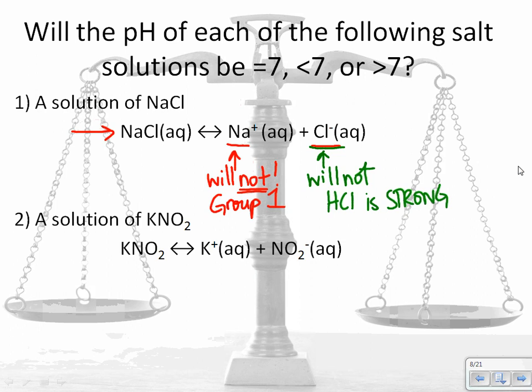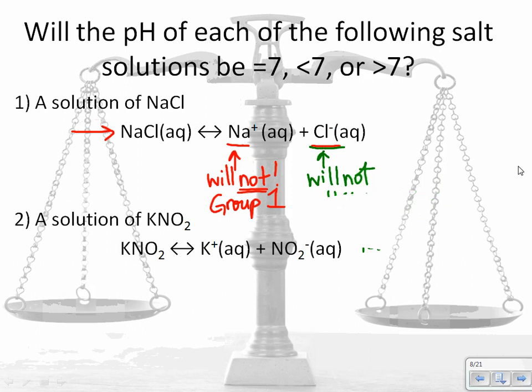If you really want to know why, I'll take a second to explain it. Because HCl is a strong acid, if I try to write out the dissociation equation for HCl, Cl- and H+, you're going to see that because it's a strong acid, it's going to 100% dissociate into its two ions, which means that when Cl- tries to undergo hydrolysis, it's never going to make any of this because it's just going to dissociate again.